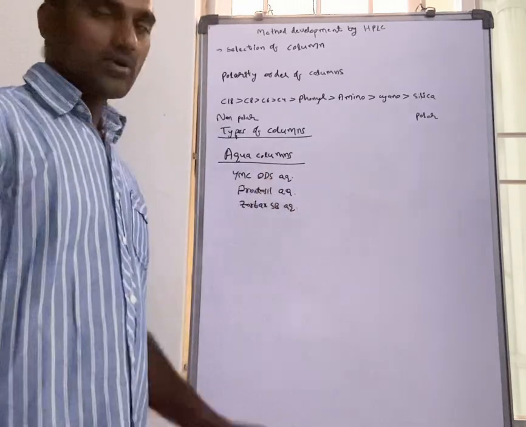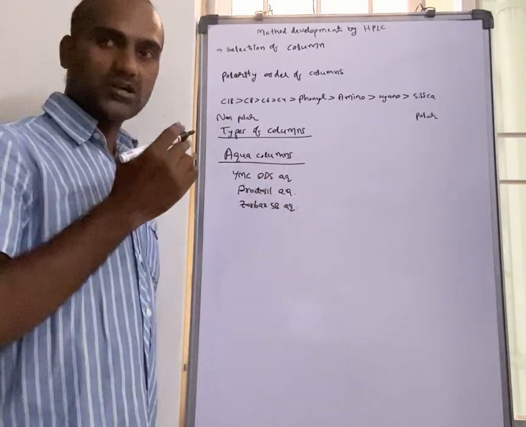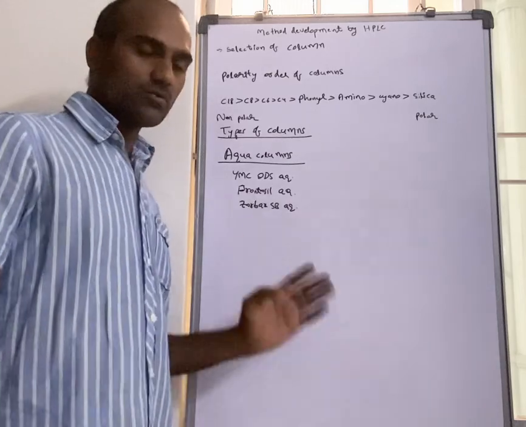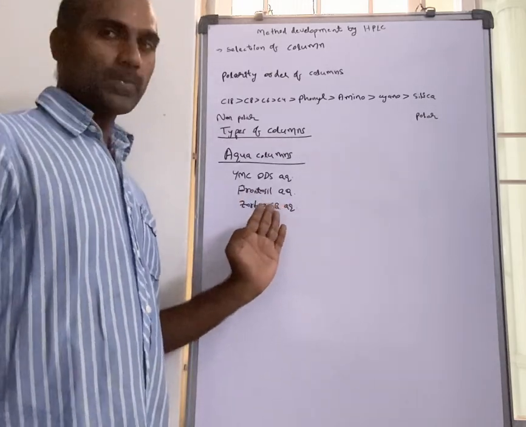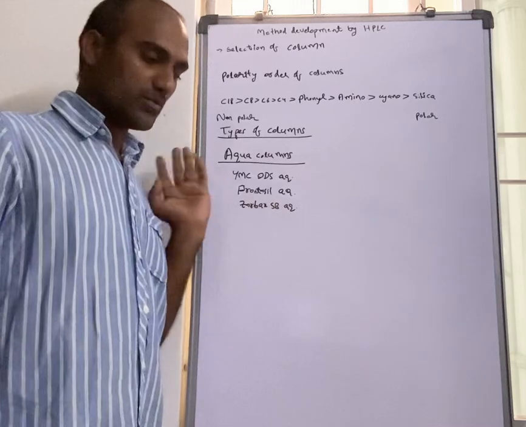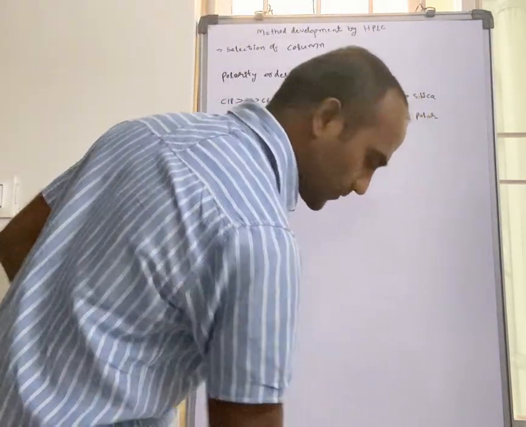So these types of columns will work with 100% aqueous mobile phase also. The only special use of these columns is they will work with 100% aqueous mobile phase. So aqua columns.